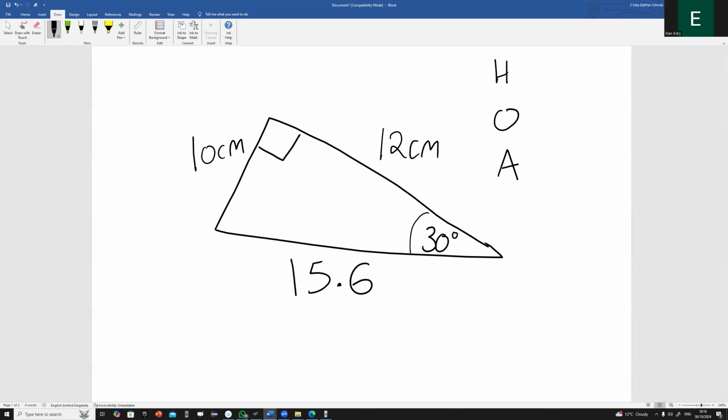Okay, so if we labeled it, brilliant. Okay, so what was the hypotenuse? Actually, no, the hypotenuse was the longest side. That's opposite the 90. So that is 15.6. No problem. What is the opposite?